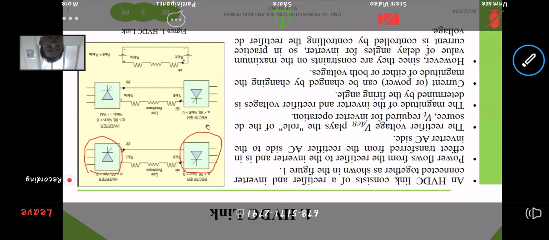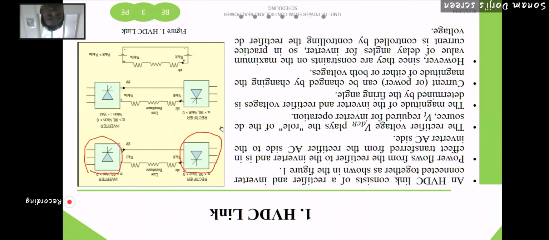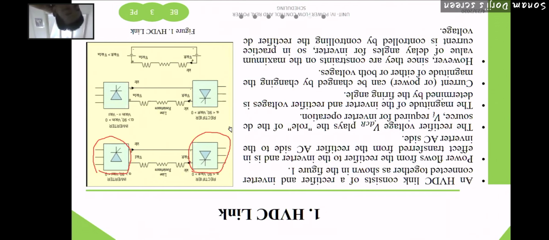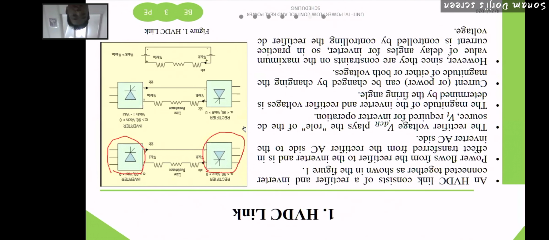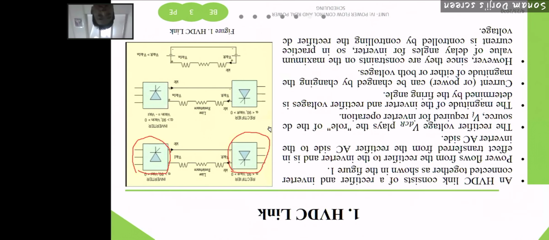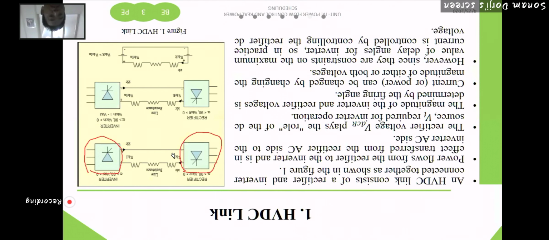Why we need a rectifier is because generation is in AC form. For a longer transmission line, it is cheaper to transmit using a DC line. So what we have to do is convert this AC to DC, or rectify it to DC. This is done using a power electronic device, and that device is known as a rectifier.